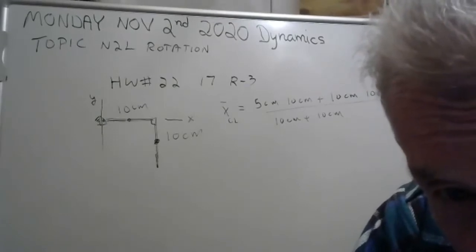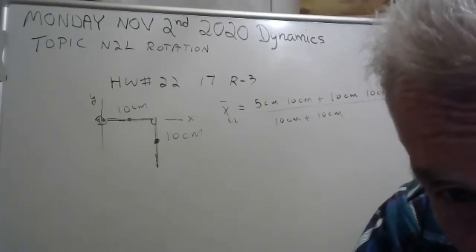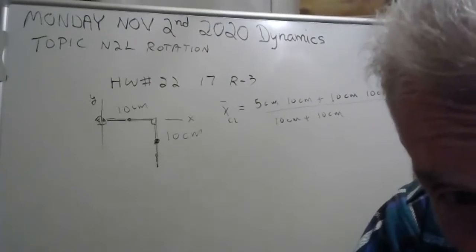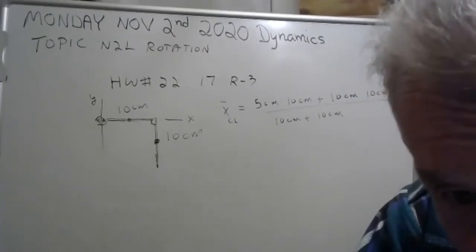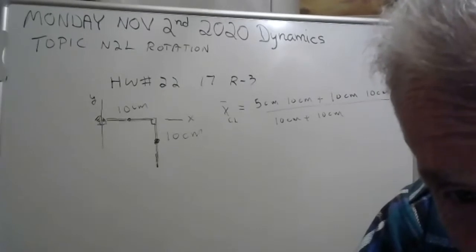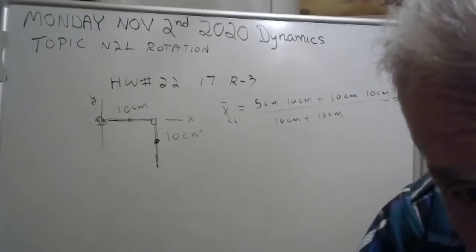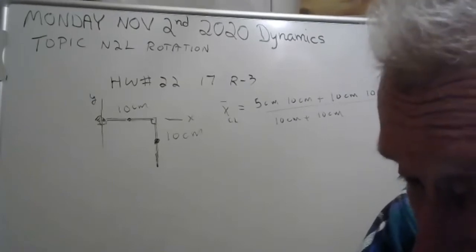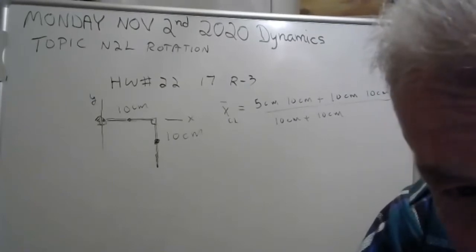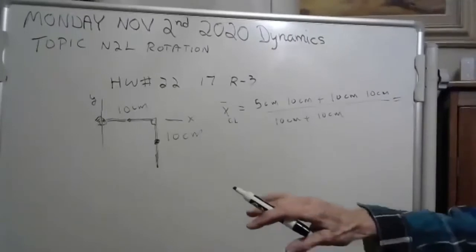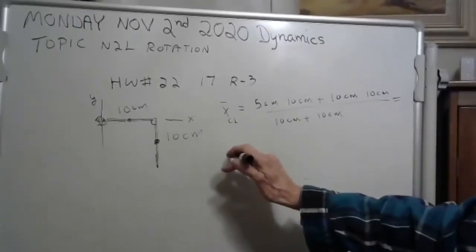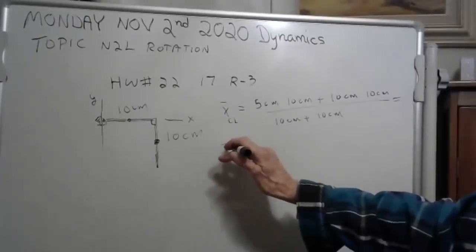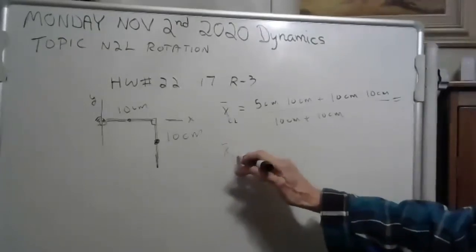I'm always picking on Shane. Shane, unmute and say hello, please. He's not answering. Hey, Ryan, unmute and say hello, please. Hello. Hey, Ryan, what'd you get when you plugged this in? 7.5 centimeters. That's what I got.